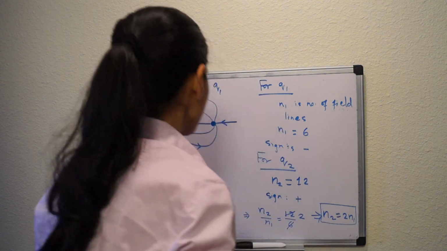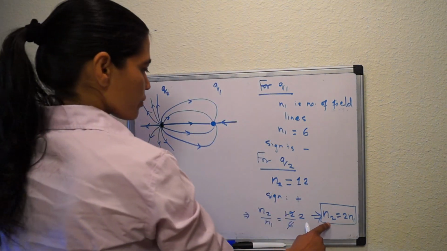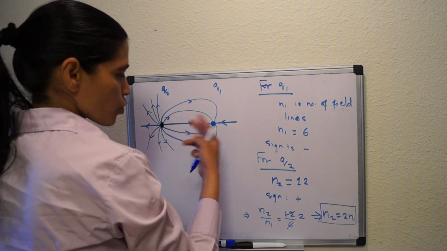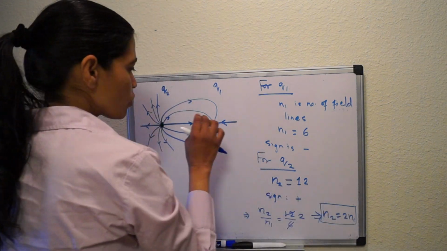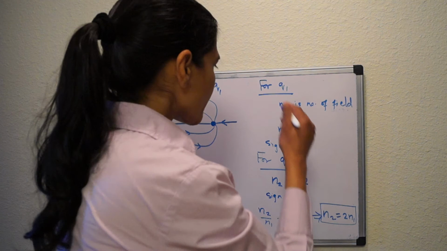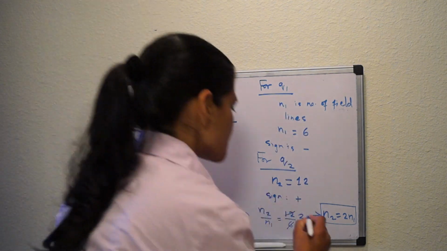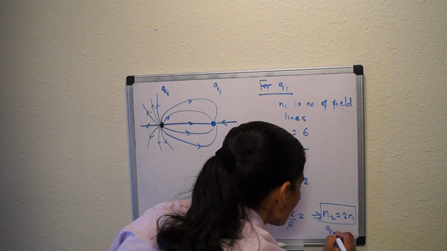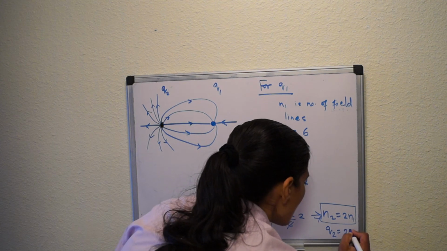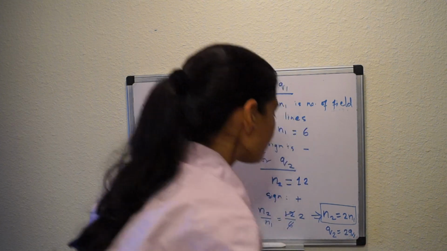We can say the number of field lines at Q2 is twice the number of field lines at Q1. So we can conclude that the charge Q2 is equal to 2 times Q1, okay?